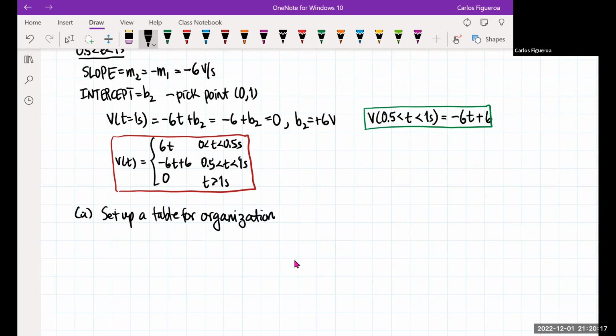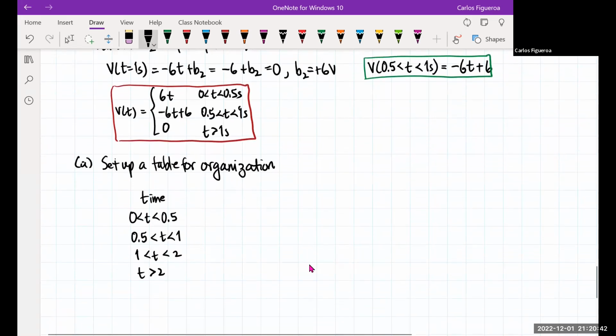So here I go. I need my times. My times are this, and then I need 1 to 2 seconds, and then for t greater than 2. Okay, so this is my time.